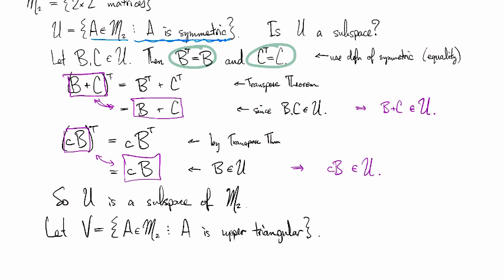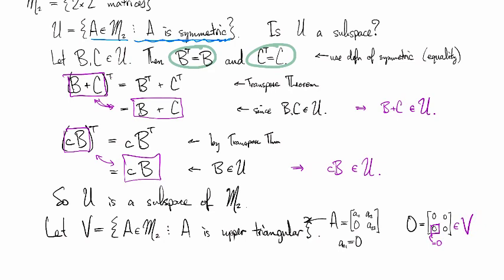So what does it mean to be an upper triangular matrix? That means if you're in here, then A has to look like A11, A12, 0, A22. So in other words, A21 has to equal 0. For the 0 matrix, it is true that the 2-1 entry is equal to 0, so 0 is going to be an element of V.